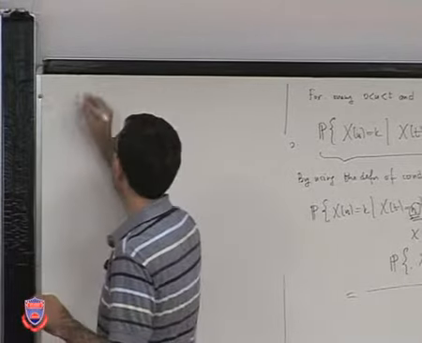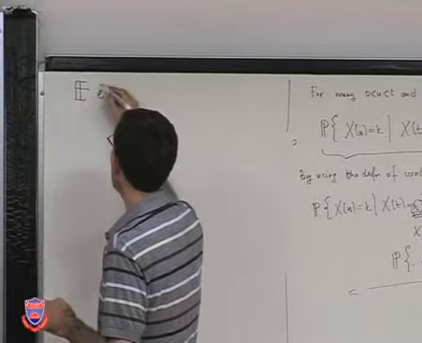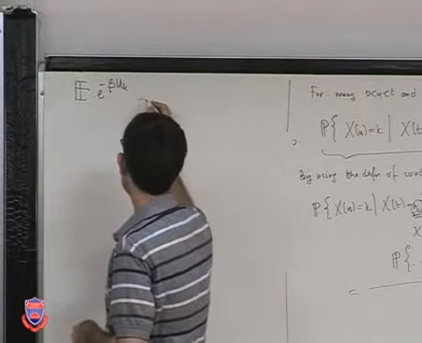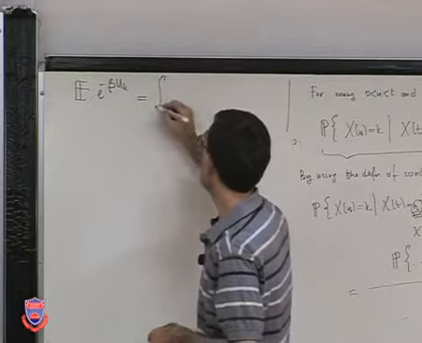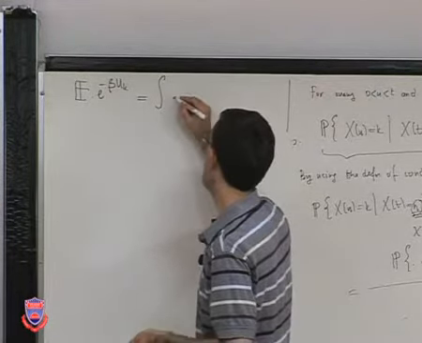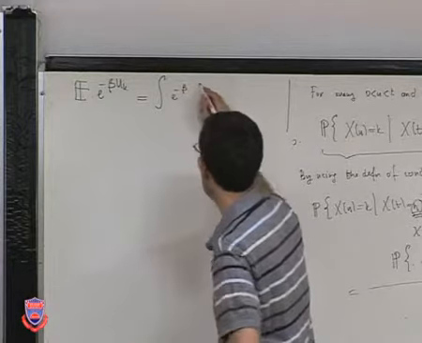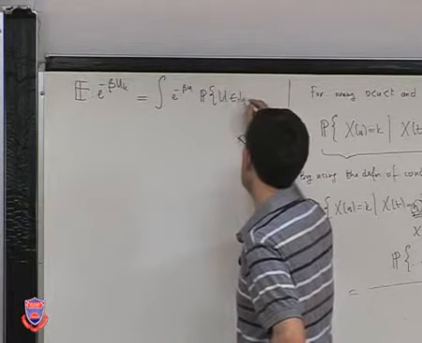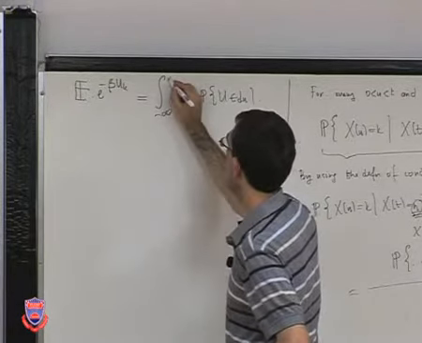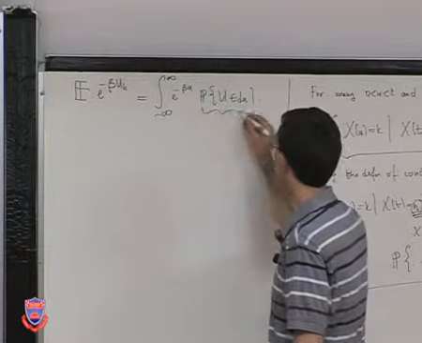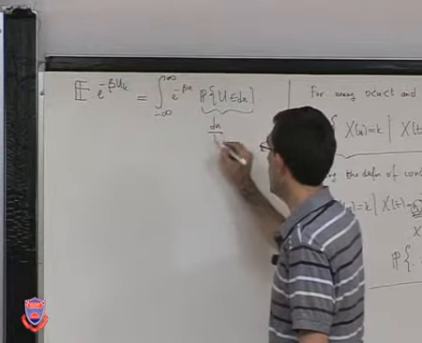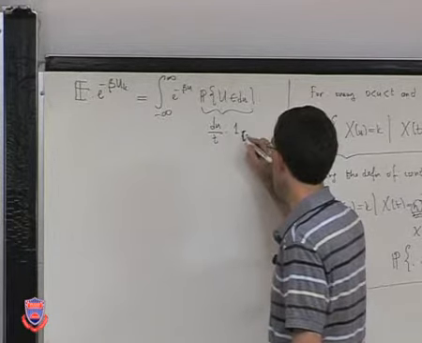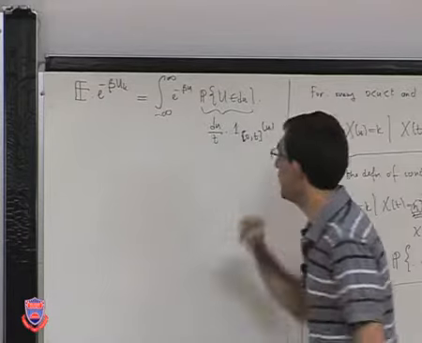So we have the expected value of e to the minus beta times uk. Since uk has a uniform distribution, first of all, whether it is uniform or not, in general, we are supposed to calculate this integration over the real line. Then you realize that this is nothing but du over t, as long as u is in the interval from 0 to t.